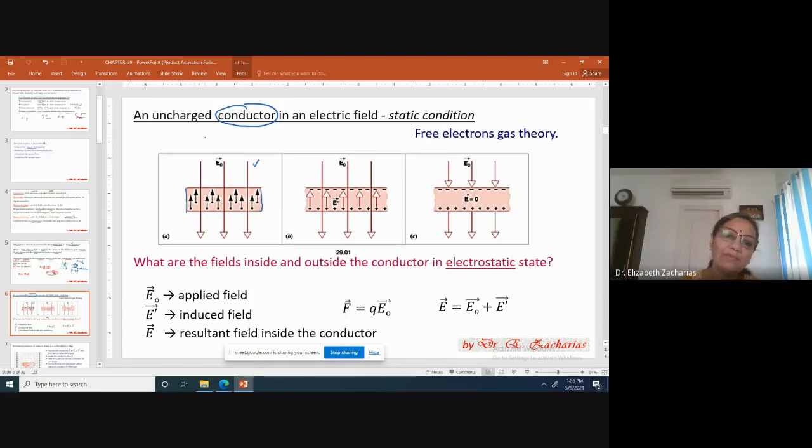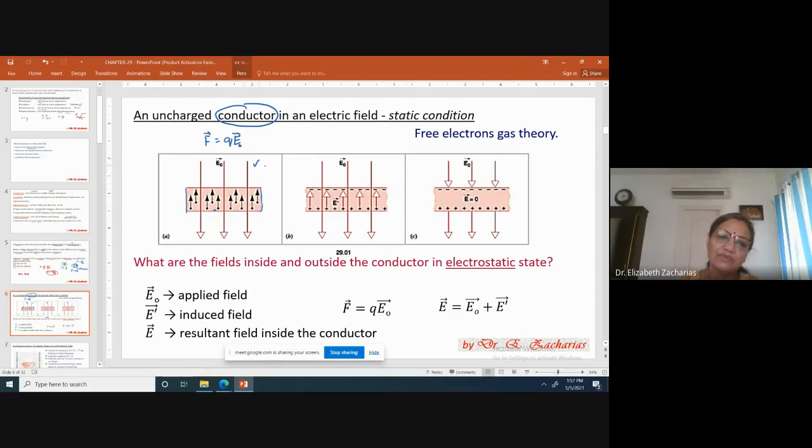What did I tell you will happen to the mobile charges when you apply an electric field? I said F is equal to Q into the electric field that you are applying. So the negative charges, the free electrons, will all start experiencing a force opposite to the direction of the applied field.